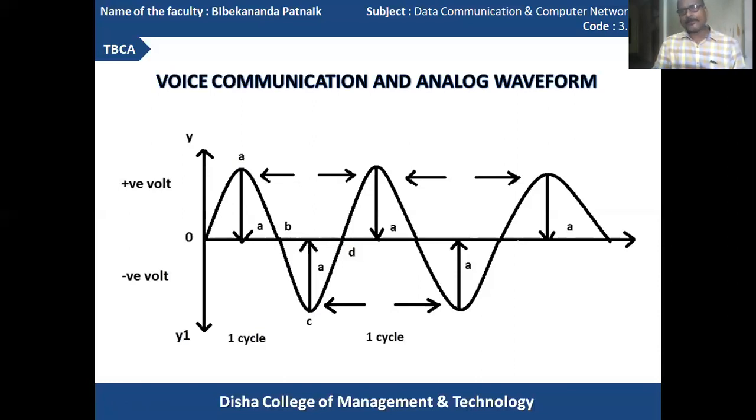The distance between the axis level and the top of the plus volt, or the distance between the axis level and the depth of the minus volt, is known as amplitude.